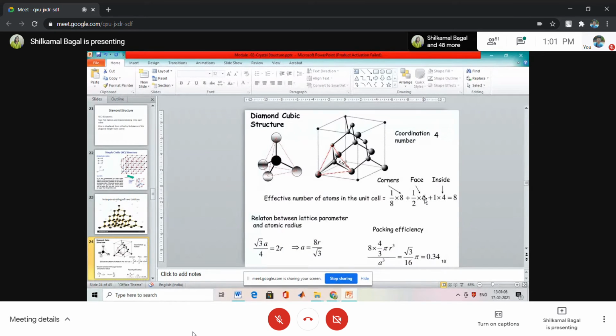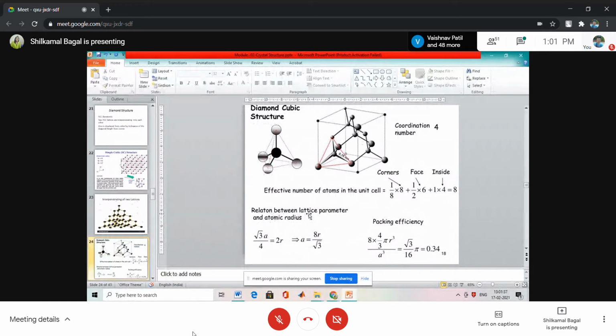At each center of face of the cubic unit cell, there is an atom, so that is 6, plus 1 into the number of atoms within the body of the unit cell, and here these 4 diagonal atoms are completely within the unit cell. Okay, so these are 4, and so the total number of atoms per unit cell in diamond structure is 8.